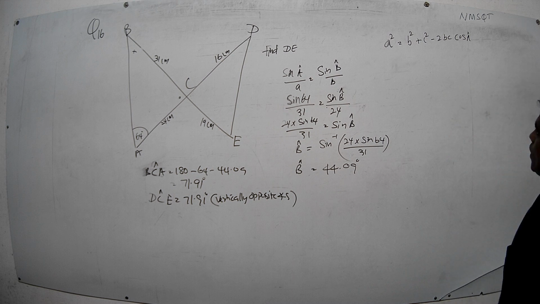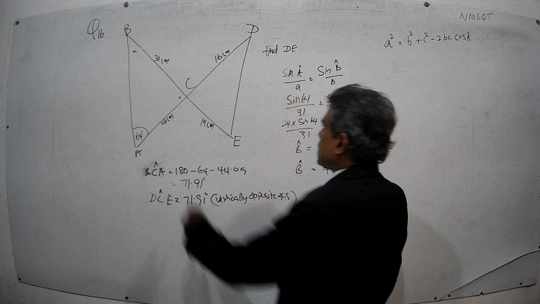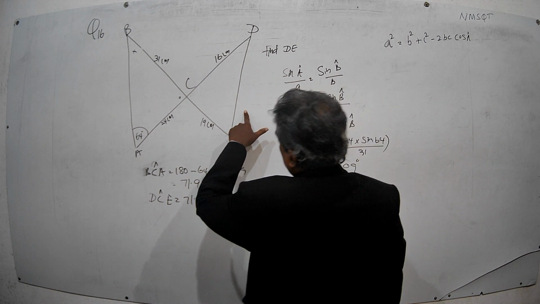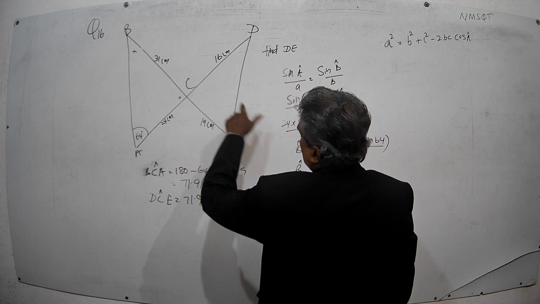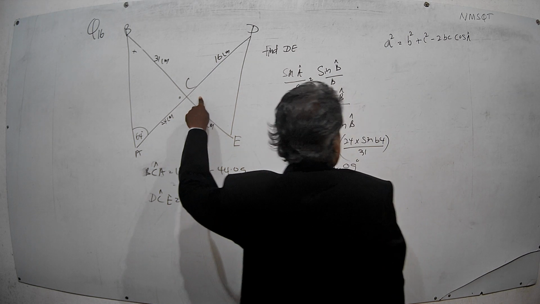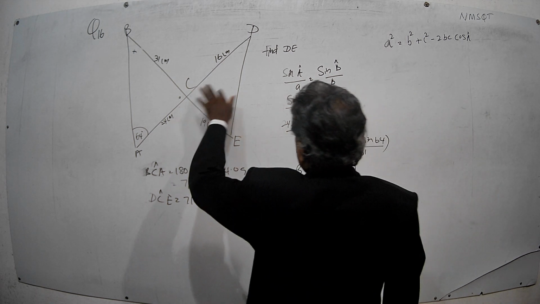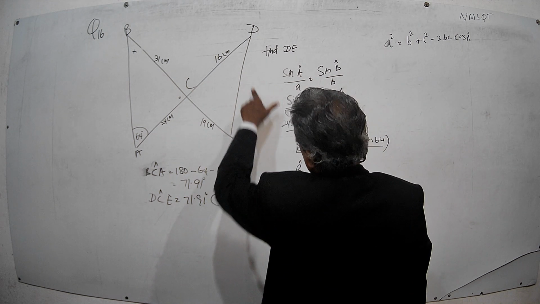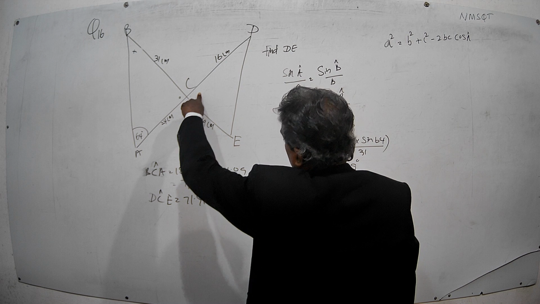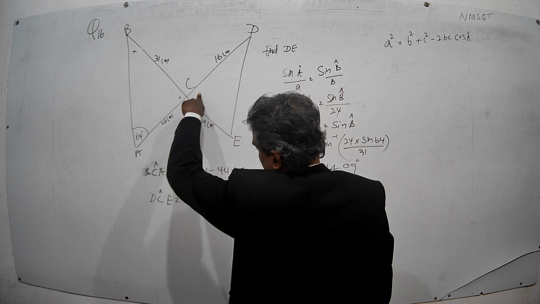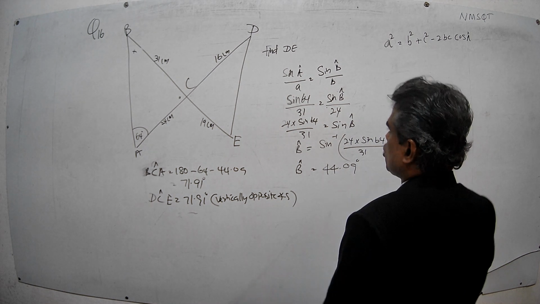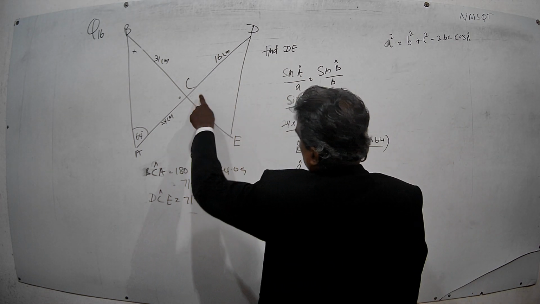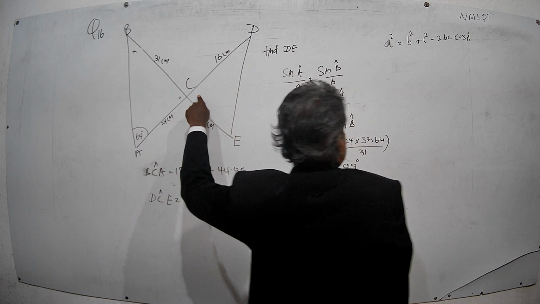Then apply the cos rule when you are asked to find a particular side whose opposite angle is given. This side is opposite this angle, and that angle has been found as 71.91 here.